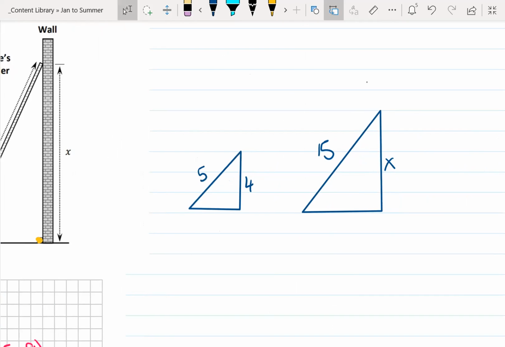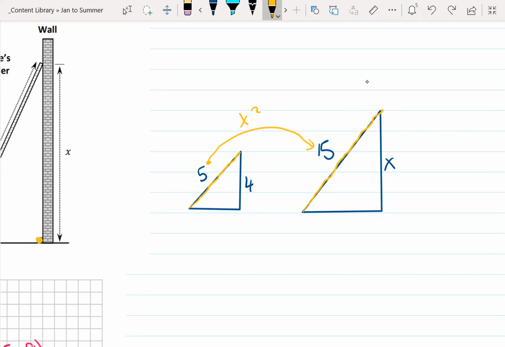It's very similar to that question, except I've given nicer diagrams and nicer numbers. These two triangles are similar, and the sides are proportionate in size. This side corresponds to this side, so they're what we call corresponding sides. Have a look at the 5 and the 15. What would you multiply the 5 by to get 15? 5 into 15 goes 3 times, so you multiply by 3.